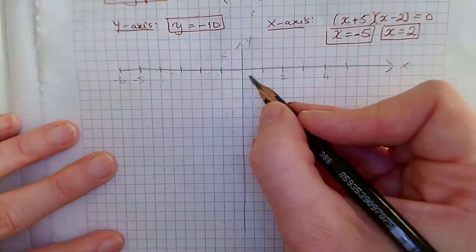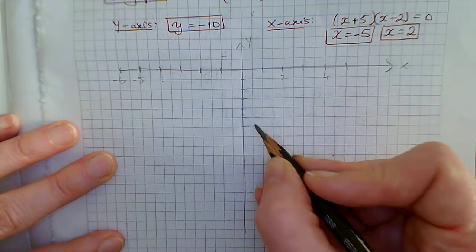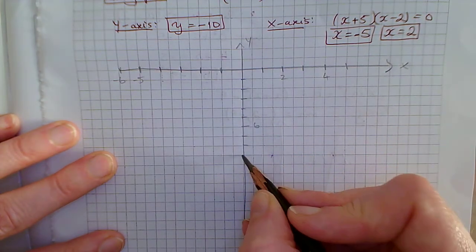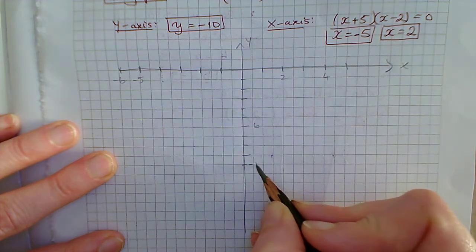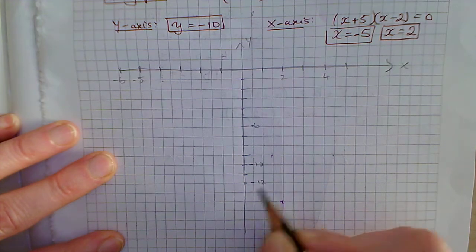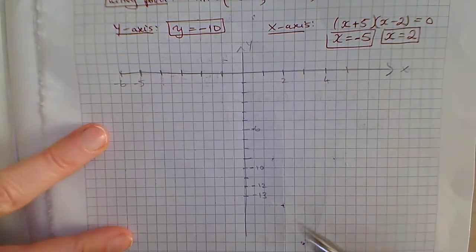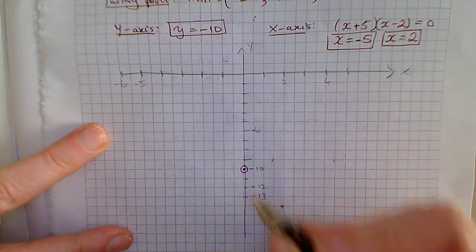I don't need all the numbers. 1, 2, 3, 4, 5, 6, 7, 8, 9, 10. These should be negative. 11, 12, 13. So sketching the relevant points, it intersects the y-axis at -10.